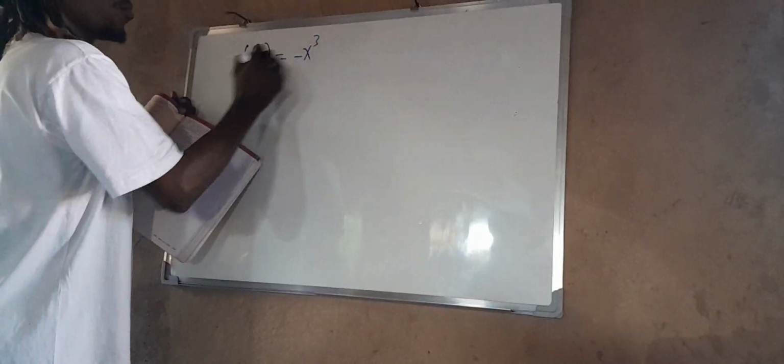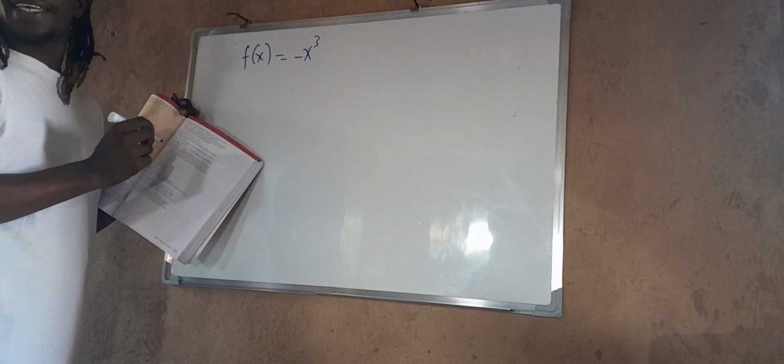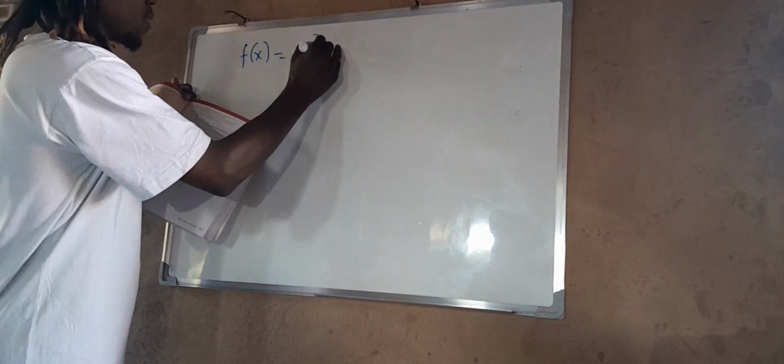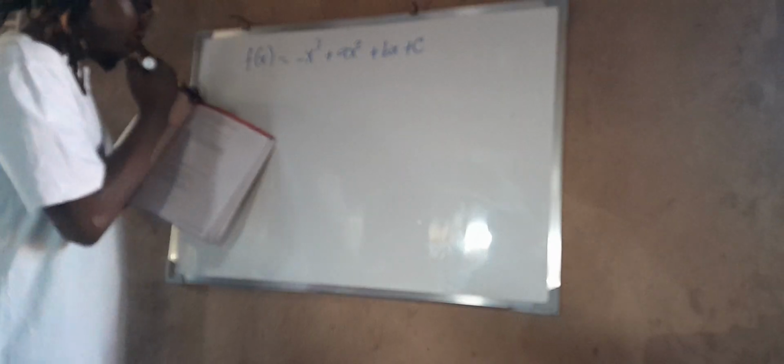You are given f(x) equals negative x cubed plus ax squared plus bx plus c, right?